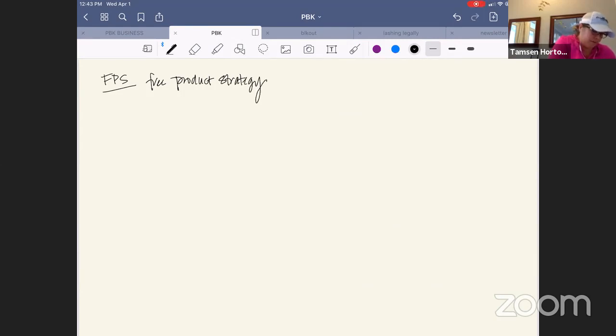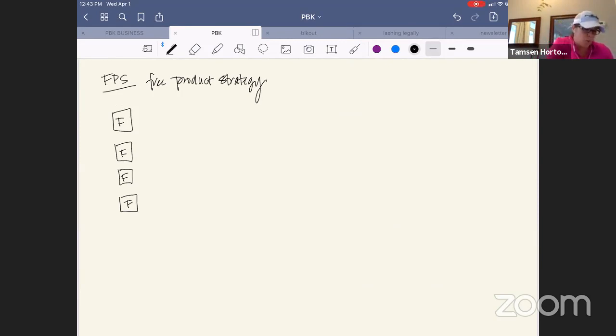huge fan of what I call FPS, free product strategy. So say we have all this free content, all these little pieces hanging out, you've made PDFs, you've made templates, you've made whatever.